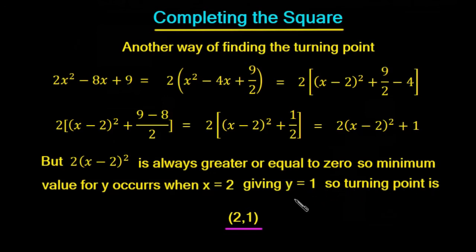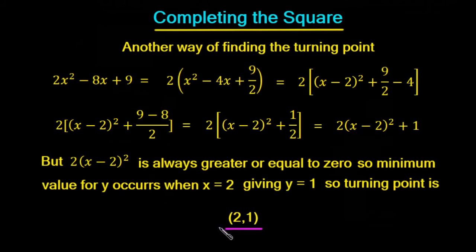So the turning point is going to be (2, 1). Now doing this, completing the square, is just a matter of practice, and once you've done a few of them, they become quite straightforward. But what we want to do is plot this function out, and we'll see that the minimum value occurs at (2, 1).